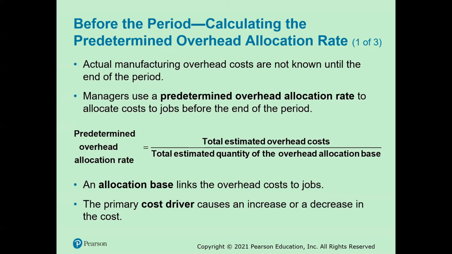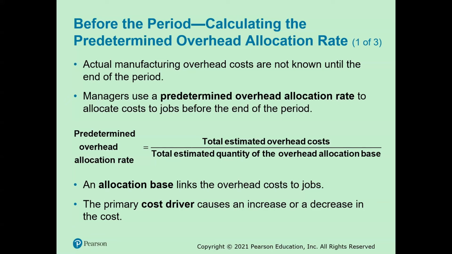Now, companies use the predetermined overhead allocation rate to allocate estimated overhead costs to individual jobs. The predetermined overhead allocation rate is the estimated overhead cost per unit of the allocation base, calculated at the beginning of the accounting period.